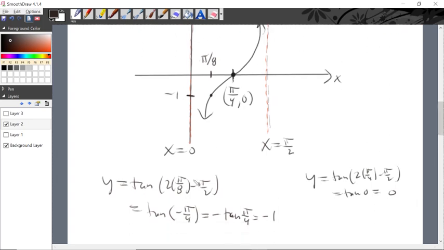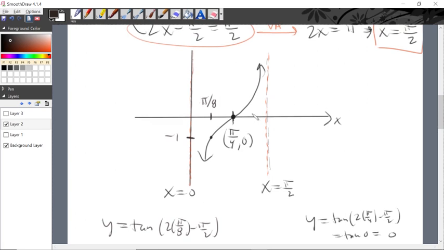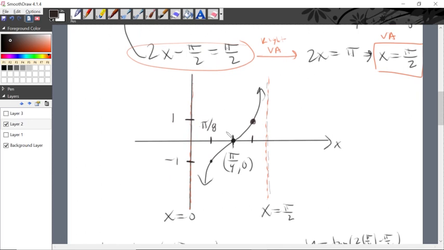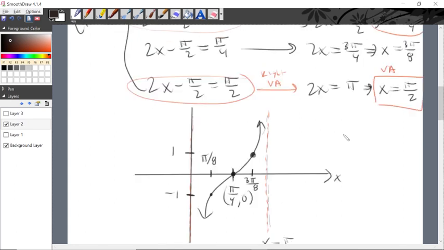Just verifying the equation is agreeing with what we're saying is happening on the graph here. Okay, and then we have one more point. Okay, the vertical stretch was 1, so the y-coordinate here is also going to be 1, and the x-coordinate was 3 pi over 8. Okay, so that completes our graph of one complete cycle, that is. This completes our graph of one complete cycle.